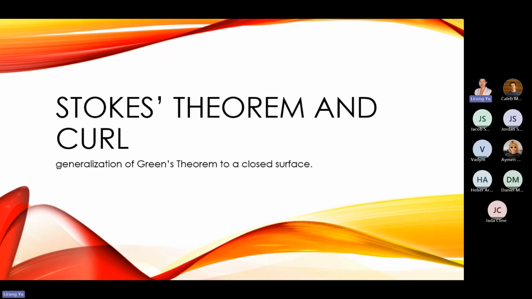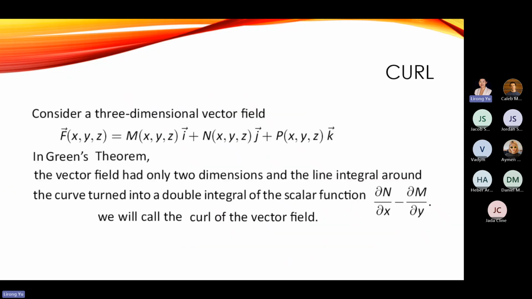If you have a 3-dimensional curve, of course, the surface will be a 3-dimensional surface, and we'll be converting it to a surface integral. So let's tie a 3-dimensional line integral into a surface integral, which will be a 2-dimensional surface integral calculation.